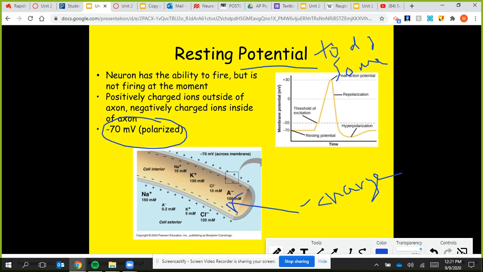The inside is negative, and the outside of the neuron is positive. It's positive sodium ions. What does the word polarized mean? Okay, it means it has a charge. In general, not even scientifically, what does the word polarized mean?